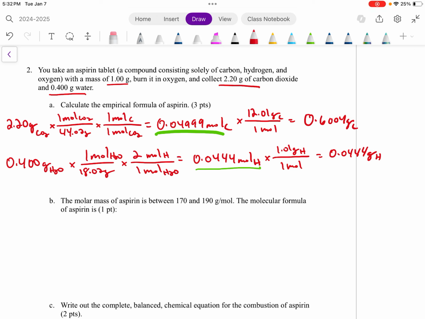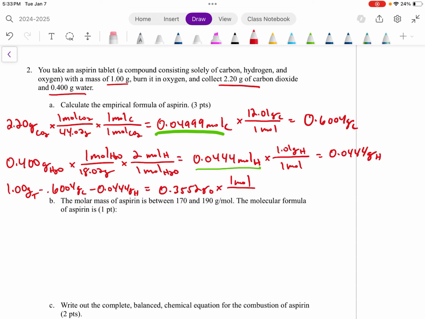So now I have grams of C, grams of H, and I know that I have 1 gram total. So I'm going to actually subtract 0.6 grams of carbon, 0.0444 grams of hydrogen, and that's going to give me 0.353 grams of oxygen.